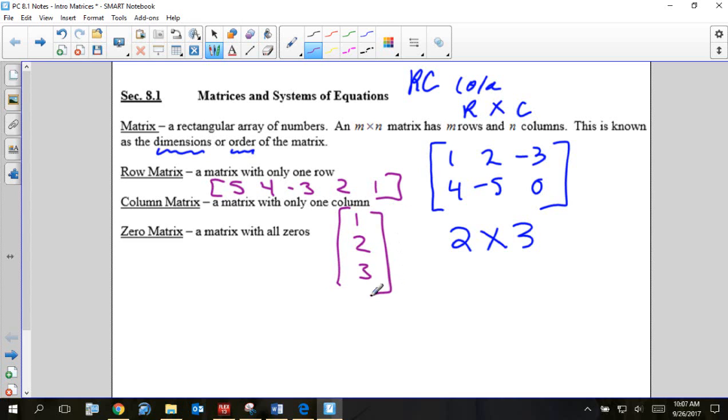So we have one column with the numbers 1, 2, and 3 in it. And then a 0 matrix would be any matrix where all the elements in it are zeros. So 0, 0, 0, 0. There's a 0 matrix. Okay.